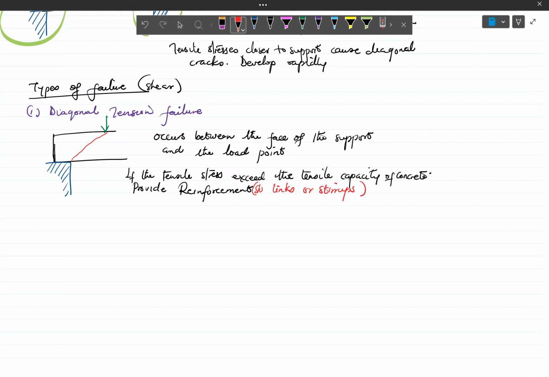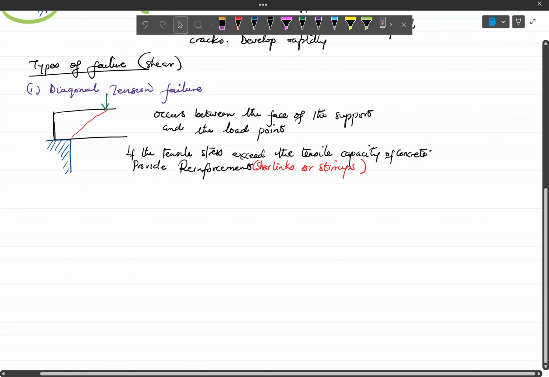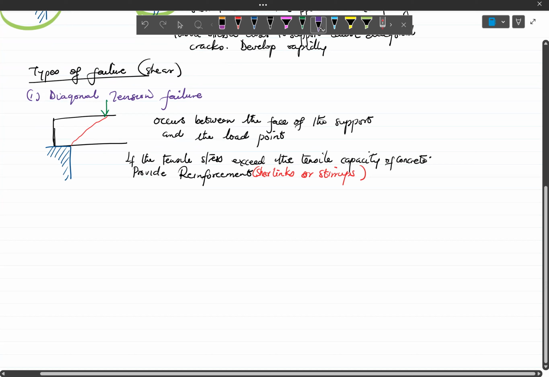Hopefully, I have space for that. This is terrible. So it's called shear links or stirrups, right? I think links seems to be the more common word being used. So that's the first form of failure, which we tend to experience a lot.